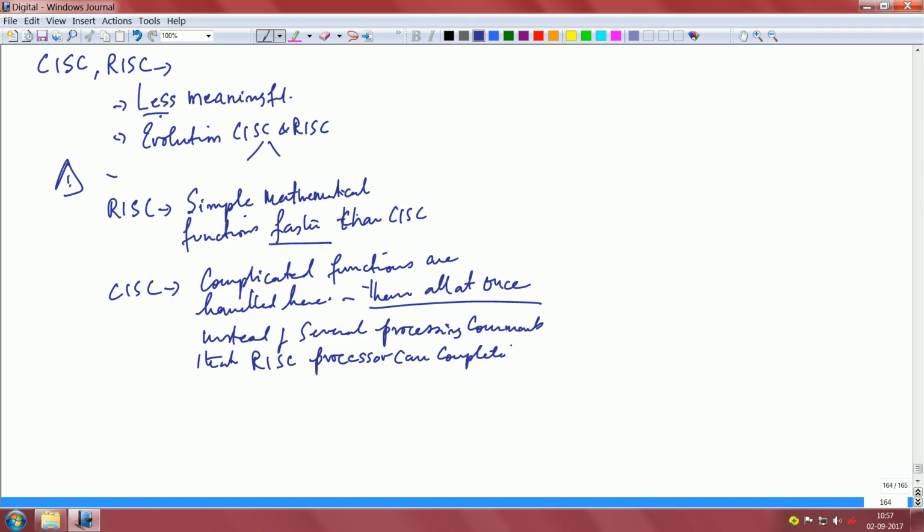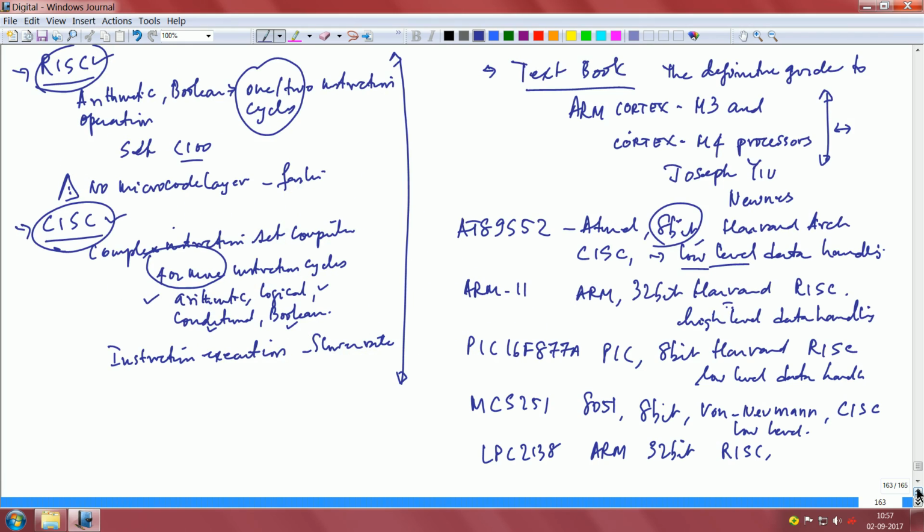This is very important, they can do them all at once. Look how contrasting things are, right. You say RISC can do in 1-2 instructions, but this is arithmetic Boolean operations. And this is a complex instruction set, it takes more cycles.